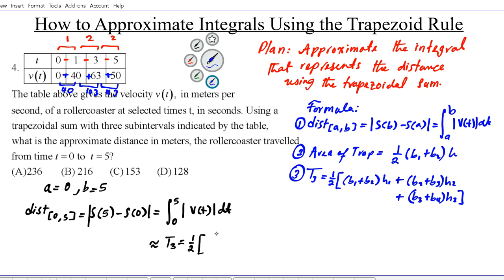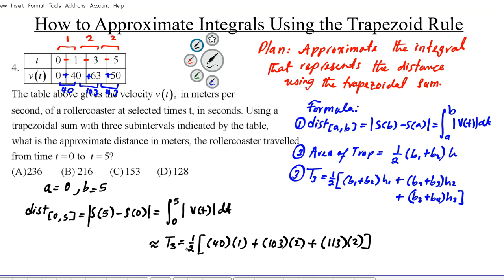Okay, let's do it. So we have 1/2 times b1 plus b2, which is 40, times h1, which is 1, plus b2 plus b3, which is 103, times h2, which is 2, plus b3 plus b4, which is 113, times h3, which is 2.